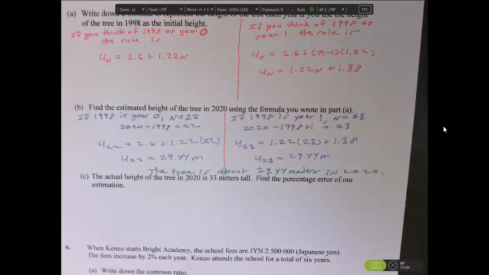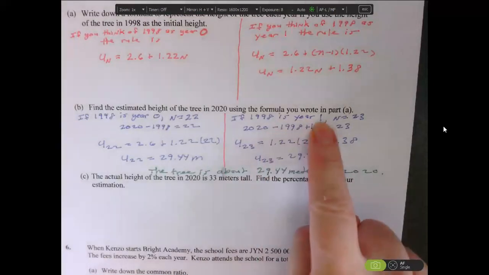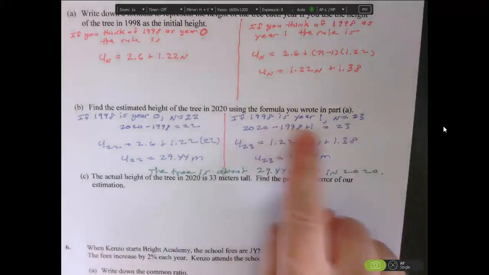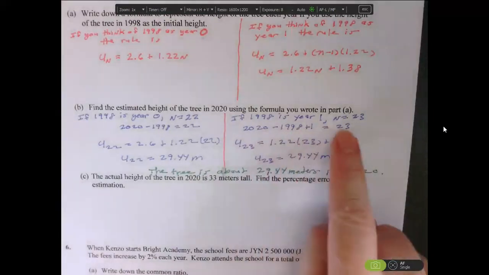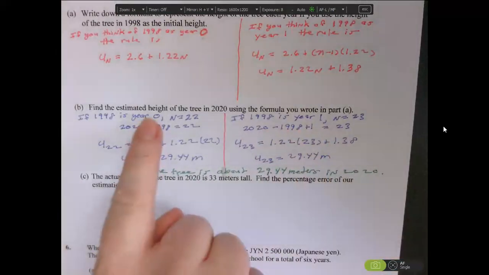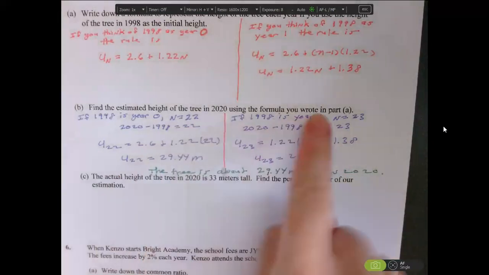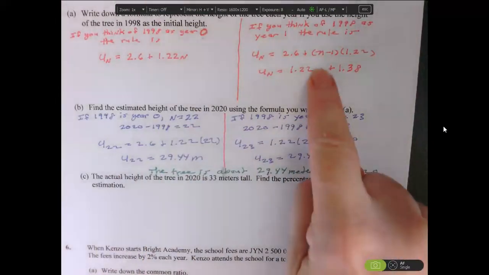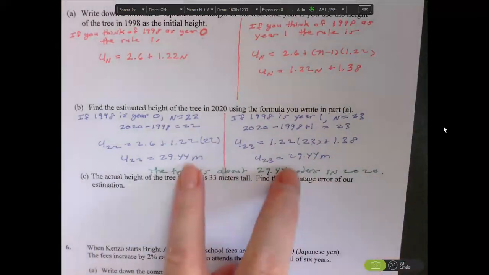If you think of 1998 as year one, then you're using the n like I showed you on the previous page, where you subtract the numbers and add 1, so you have 23 years. If you're using year zero, you have 1 less year than if you're thinking of that as year one. That should make sense to you. So we put 23 in there, and we still get the same answer.